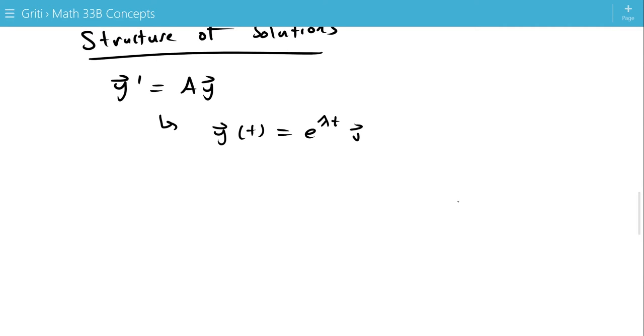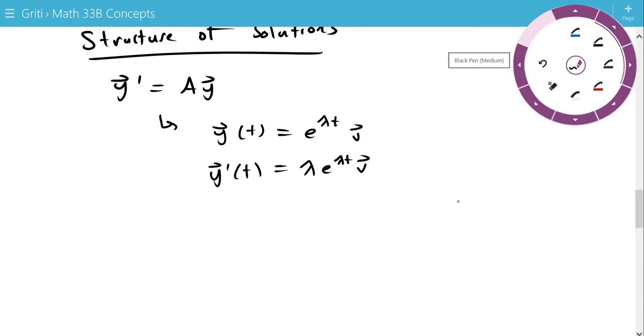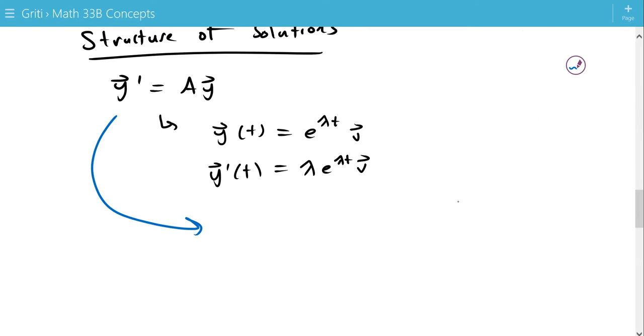So our v is going to have the property, well, let's go ahead and just take the derivative of this to find y prime. y prime is going to equal lambda e to the lambda t v. So plugging this back into this equation, we get lambda e to the lambda t v equals A times e to the lambda t v.